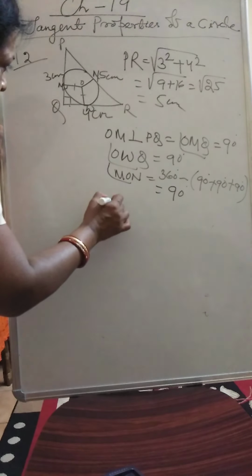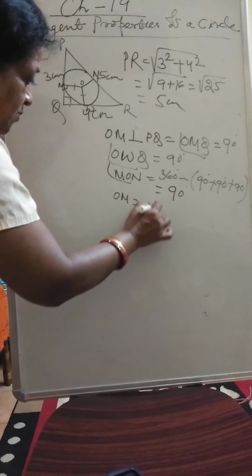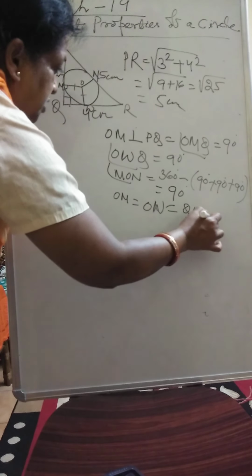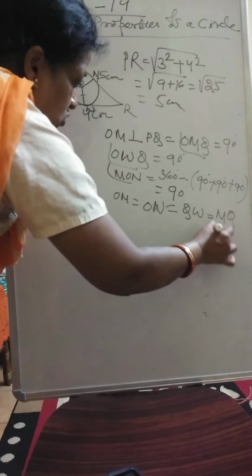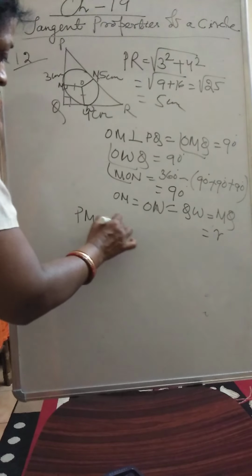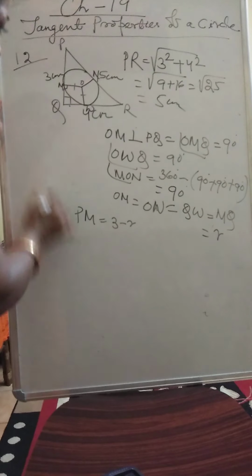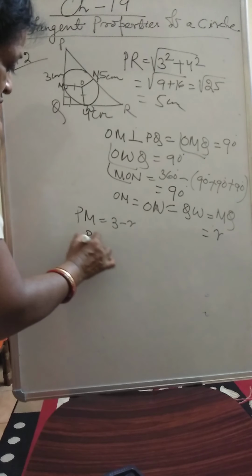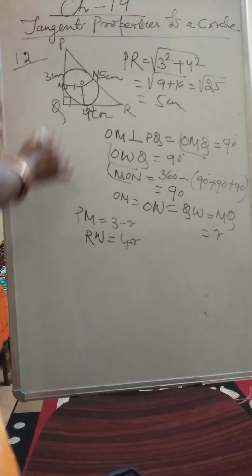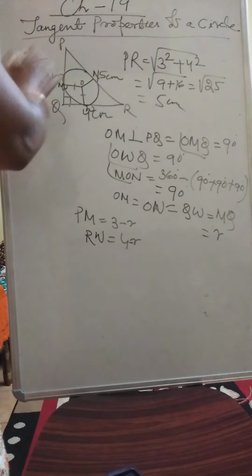I am writing that OM is equal to OW is equal to QW is equal to MQ is equal to R. So I'll write PM is equal to 3 minus R. PM is equal to 3 minus R and RW is equal to 4 minus R. Because you see that this is 4, this is R, hence this is 4 minus R.